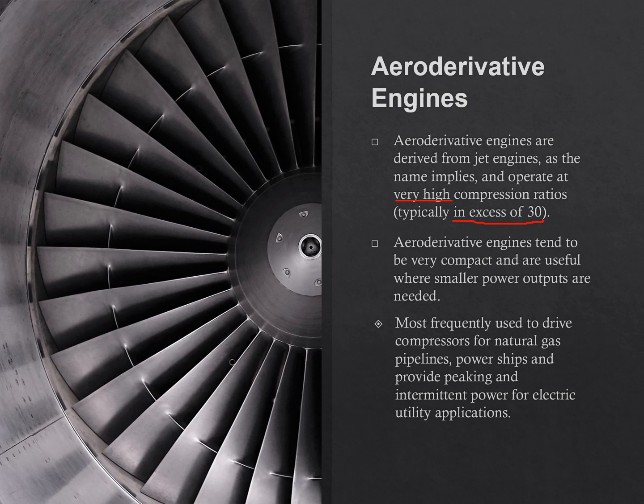And these engines tend to be very compact, okay? So everything that goes with aero, everything that goes with jet, has got to be light and compact. You don't want to put everything so heavy right up there, even though we call it heavy, because you still have to account for the weight of your air mass in the atmosphere.